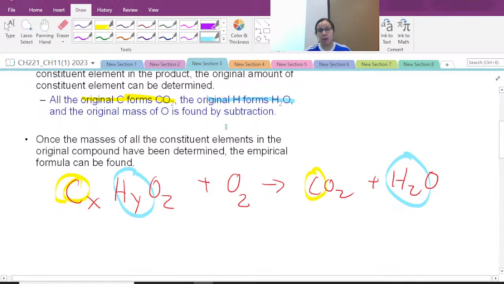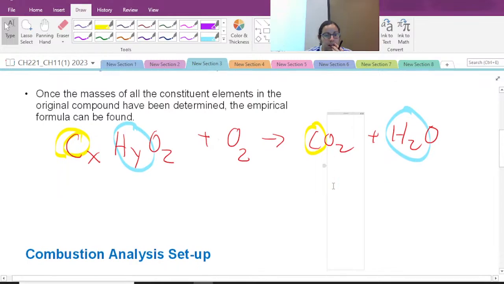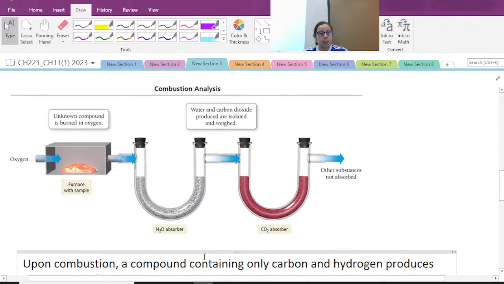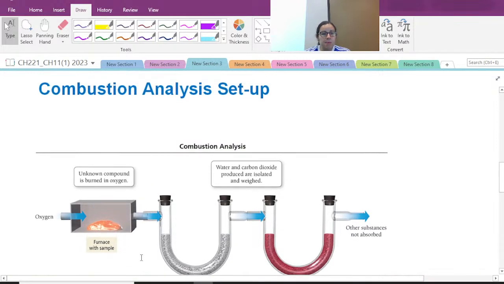And so we'll see what this means, but basically we'll figure out how much of our mass is from carbon and hydrogen, and then we'll figure out oxygen. And then, of course, just like we did before, right, we'll divide by the smallest and figure out our empirical formula again. And so this is what I was talking about, that usually these are nice fancy setups.